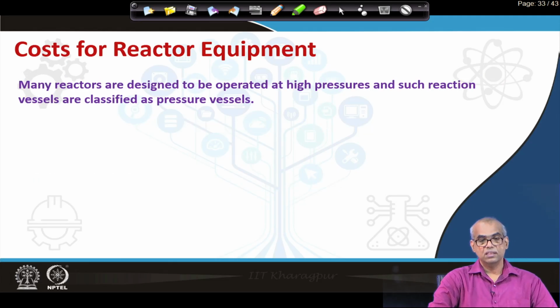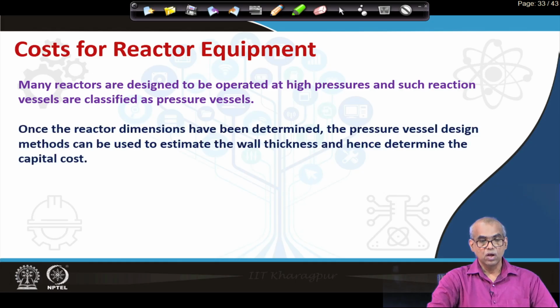Many reactors are designed to be operated at high pressures, and such reaction vessels are classified as pressure vessels or pressure vessel reactors. Once the reactor dimensions have been determined, the pressure vessel design method can be used to estimate the wall thickness and hence determine the capital cost.